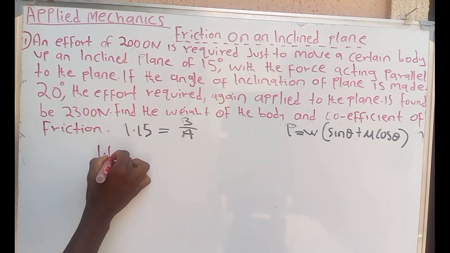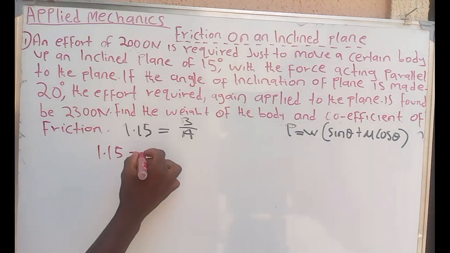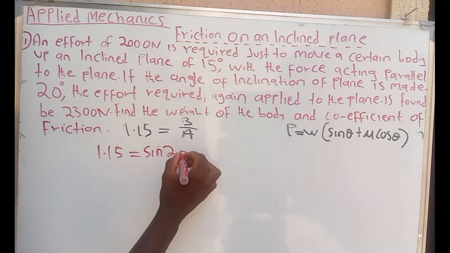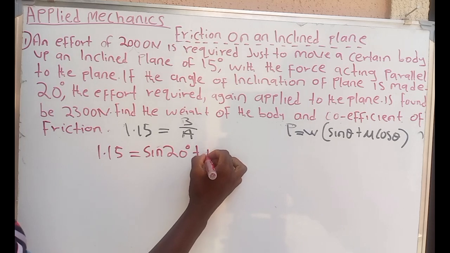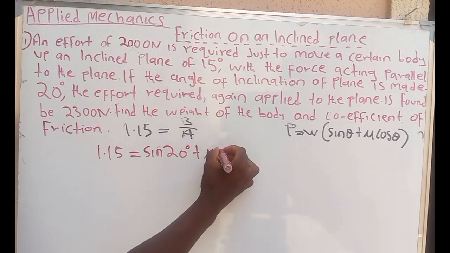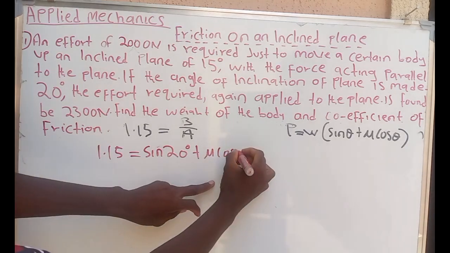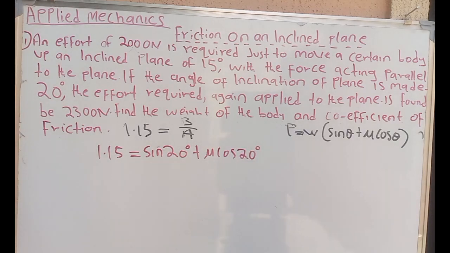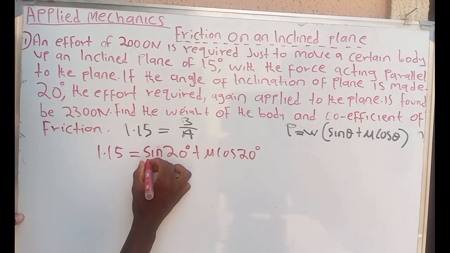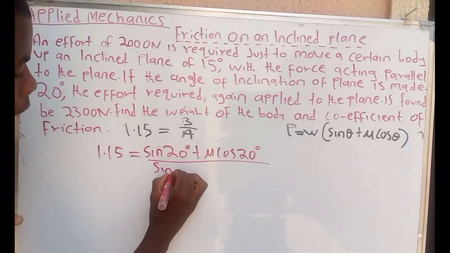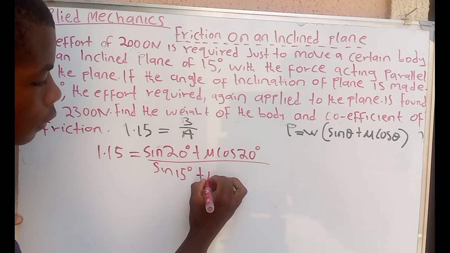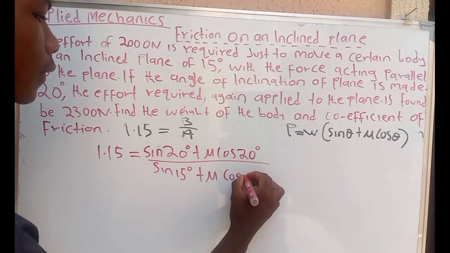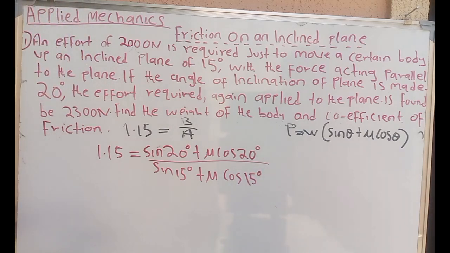Therefore, 1.15 is equal to sine 20 degree plus mu cos 20 degree, over the value of A, which was sine 15 degree plus mu cos 15 degree. So that's all.